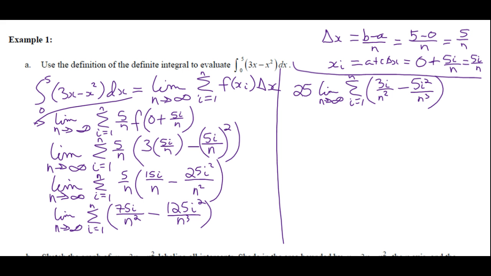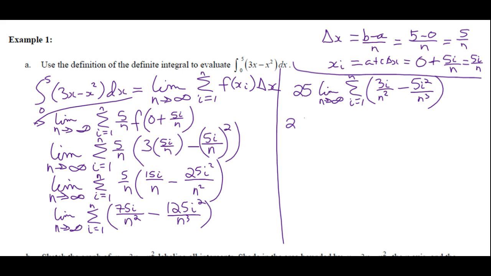Right, and now we can do the sum. So now we go to the next part. Right beside this formula on the formula sheet are the formulas for the sum of i squared and the sum of i cubed.